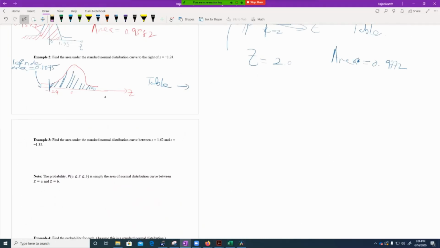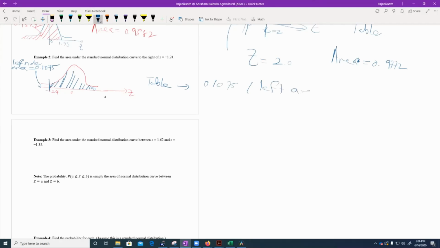Okay. So far we have found the left area of the point, but I need to find out the right side area. How do you find that? Remember, the total area for the curve is 1, right? The table has given 0.1075, this is my left area.